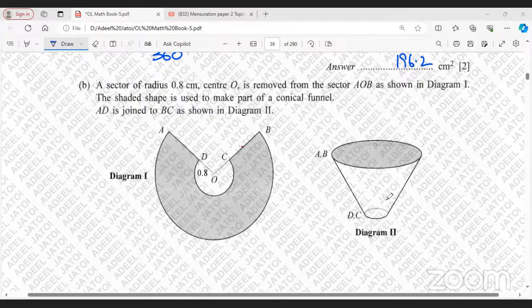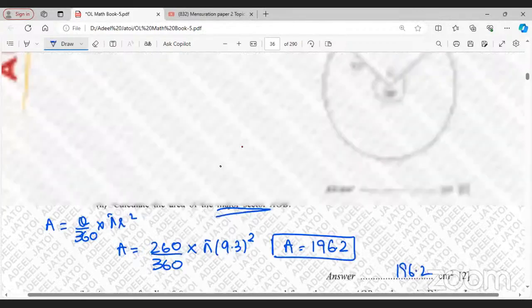We already know that this is your radius. We already calculated 196.2 for the entire sector.